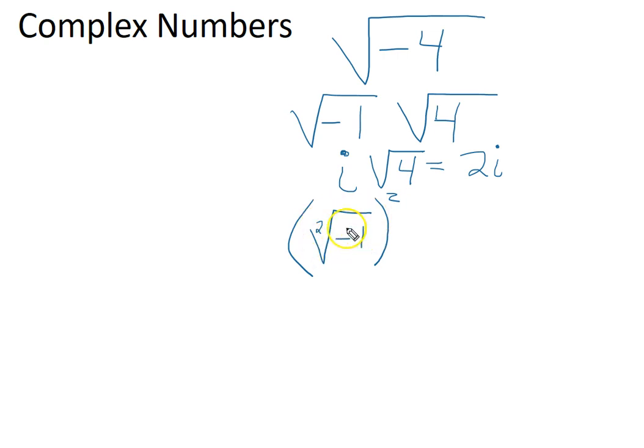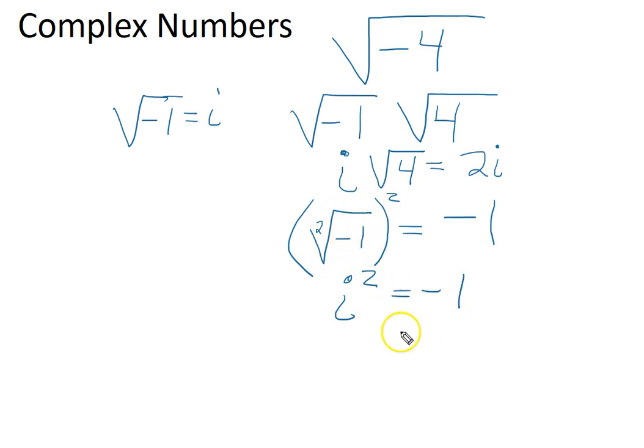And we had said in an earlier lesson that if we raise the radical to the power of its index number, it just becomes the radicand. So that is -1. Now, since we're saying the square root of -1 is i, another way to look at this is i squared. So i squared equals -1.